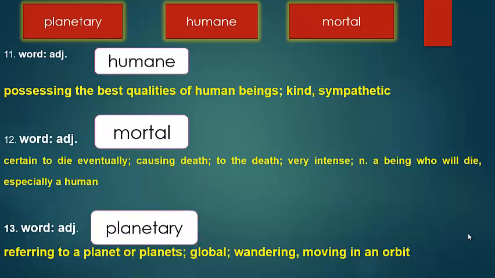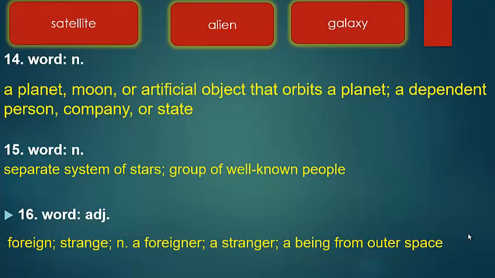13. The adjective means referring to a planet or planets, global, wandering, moving in an orbit. These are different meanings for these words. The answer is planetary. 14.